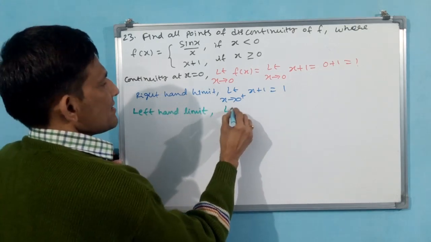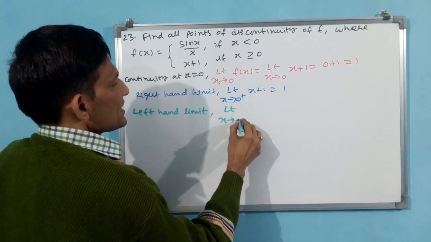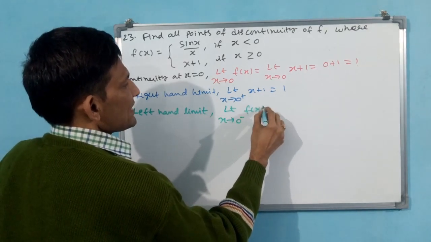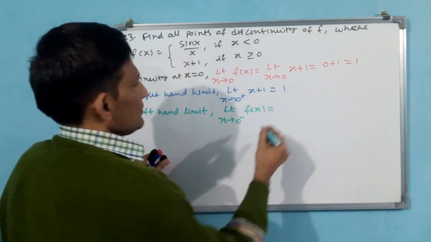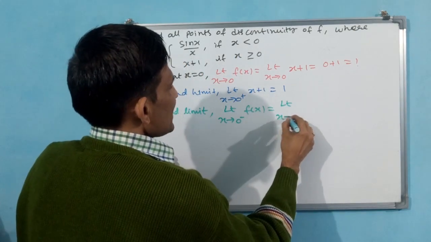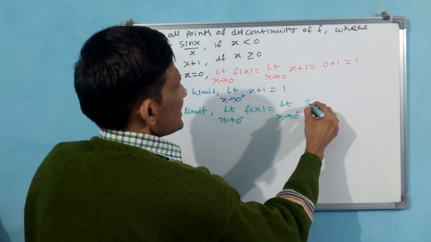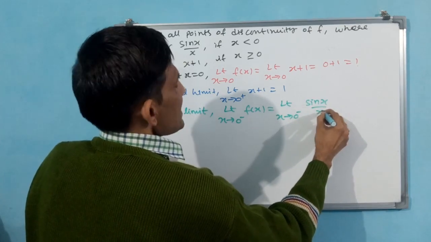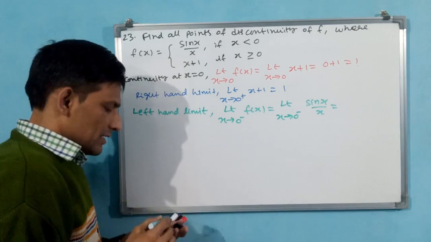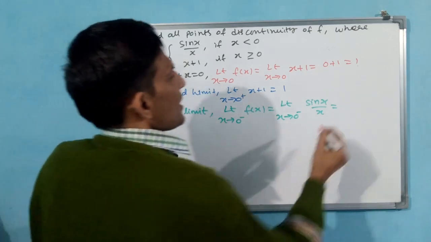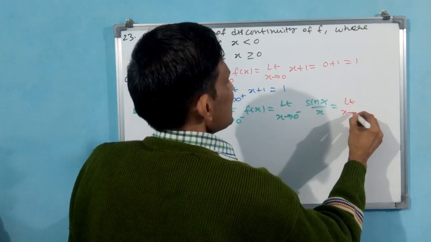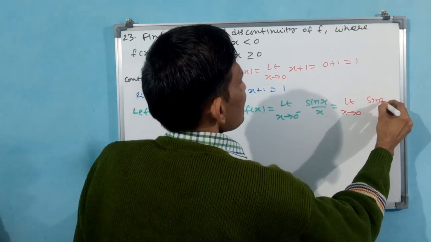Limit x tends to 0 minus of f(x) is equal to, see, for 0 minus you have to take this function. Limit x tends to 0 minus of sin x by x. Now what I am writing, you observe carefully. I am writing limit x tends to 0 of sin x by x.